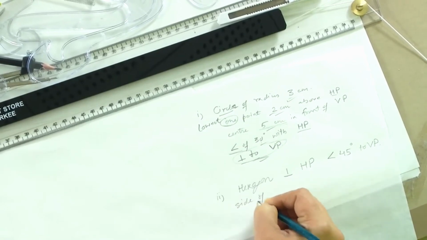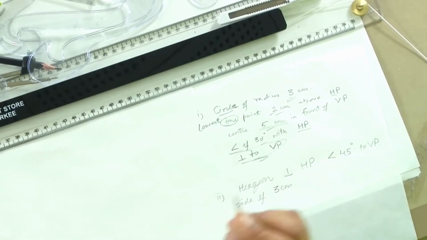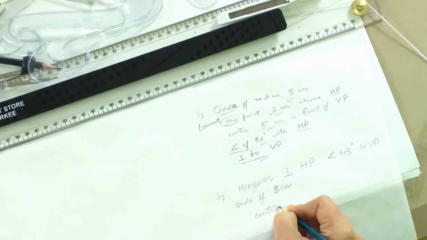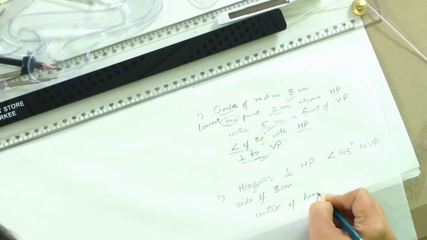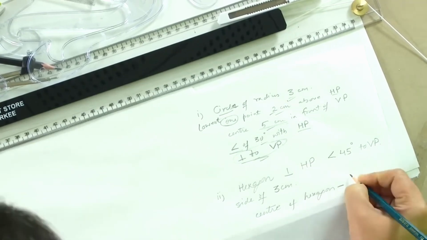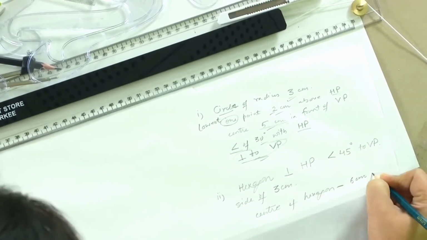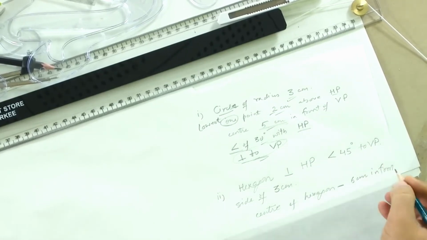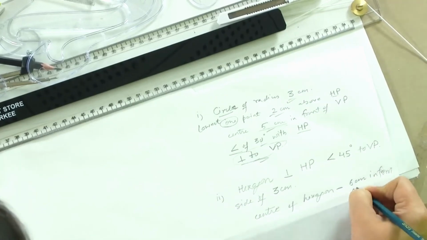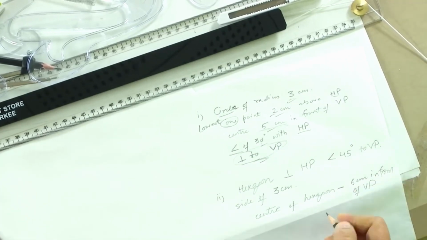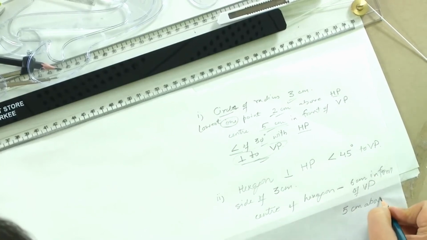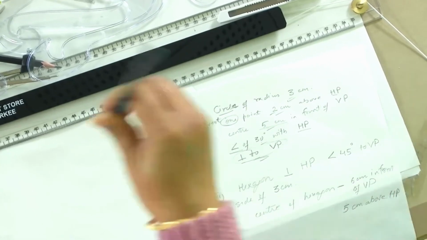The side of this hexagon let us take as 3 centimeters, and let us define the position of the center of this hexagon, which is 6 centimeters in front of VP and 5 centimeters above HP. So, now let us start drawing it.